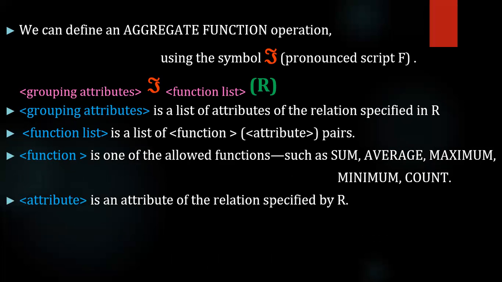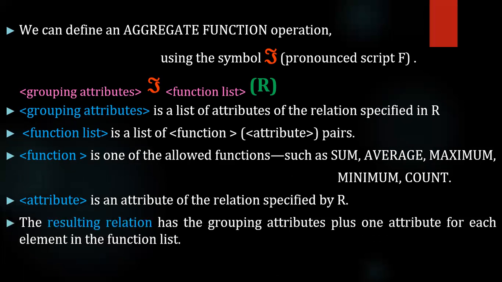So this is about the notations. The result will contain a group wise solution: department number 1, number of employees, maximum salary, minimum salary, average, whatever the function is. Again department number 2, department number 3.